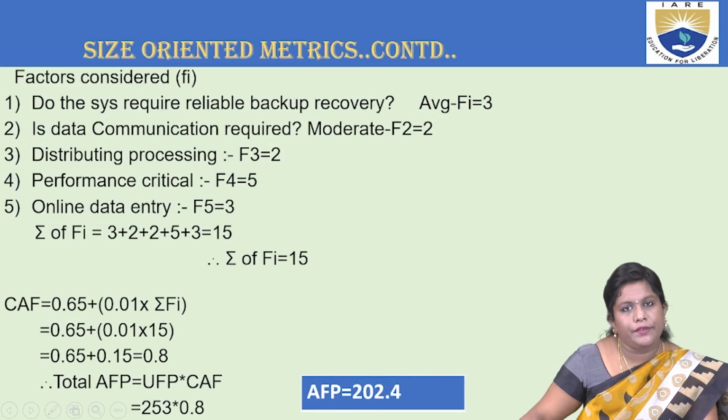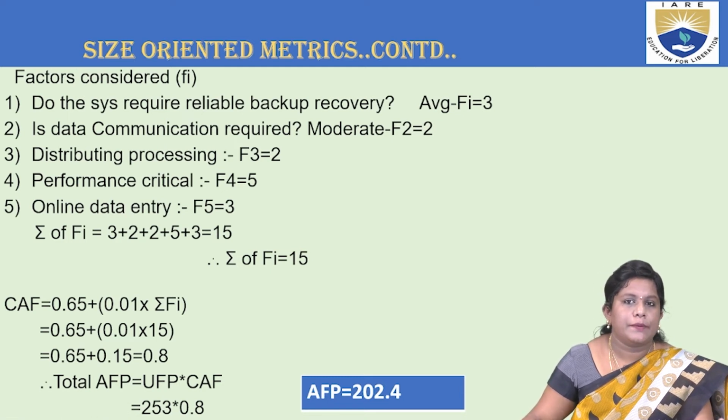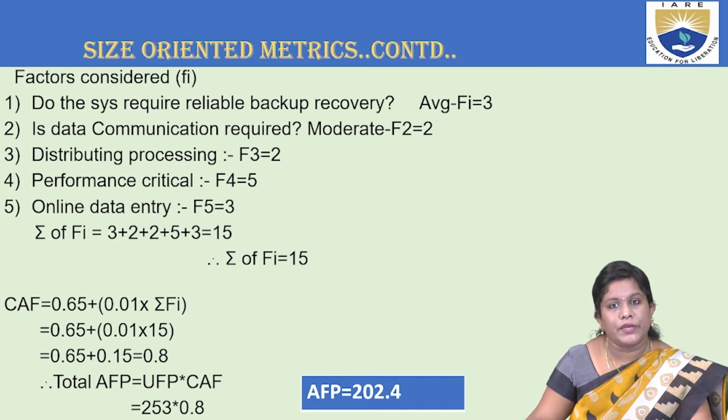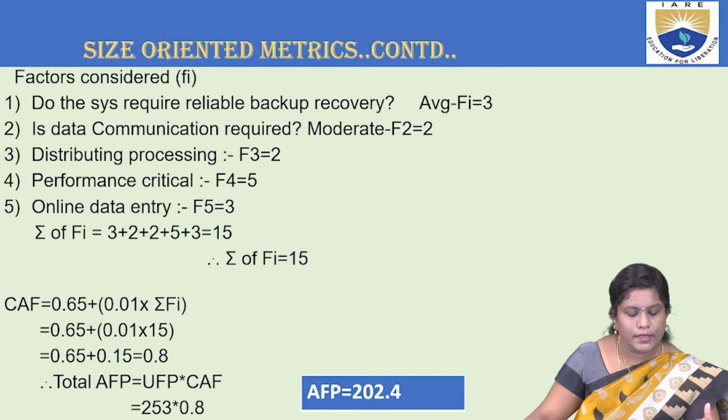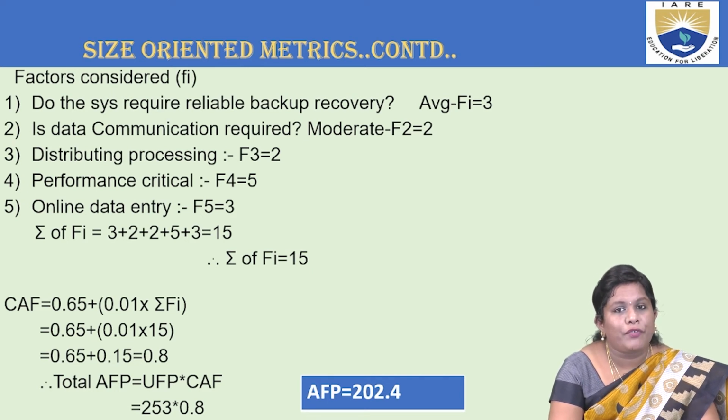You substitute in the relevant formula for complexity, which is 0.65 plus 0.01 into summation of Fi, which is 15. And this ultimately results in what? The 0.8 value for CAF. That is the complexity value you have obtained to be 0.8. Now finally, we are trying to calculate the adjusted factor, right?